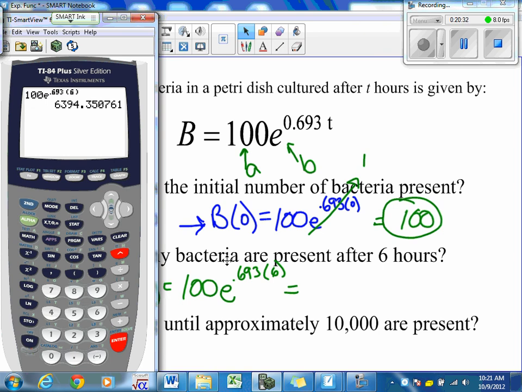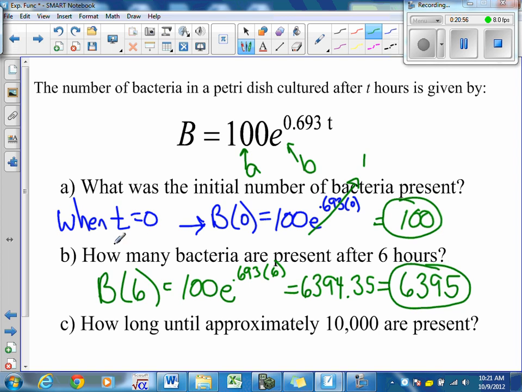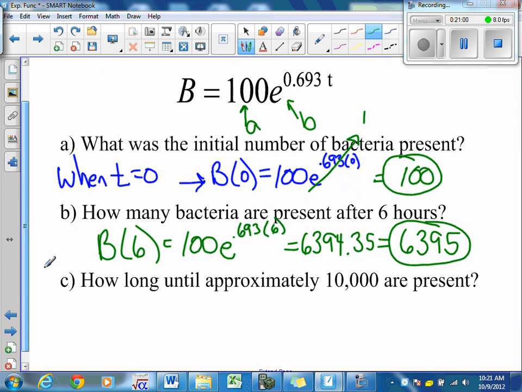So we get 6394.35. Now, obviously we cannot have a partial bacteria, so I'm going to round this up to 6395. Okay. We're not going to round to the closest, we'll always just round up. Now, how long until approximately 10,000 are present?